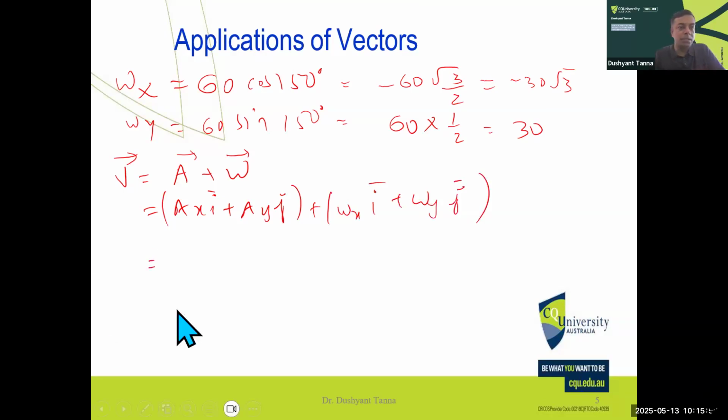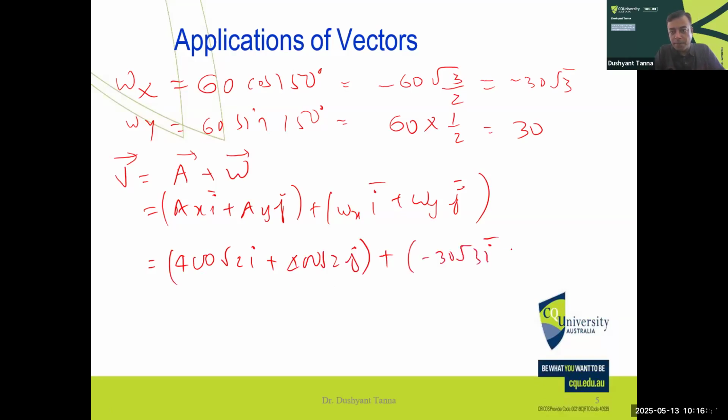Ax was 800 divided by root 2, or 400 root 2. Ay was the same, 400 root 2. Wx is minus 30 root 3 i, and this is 30 j.